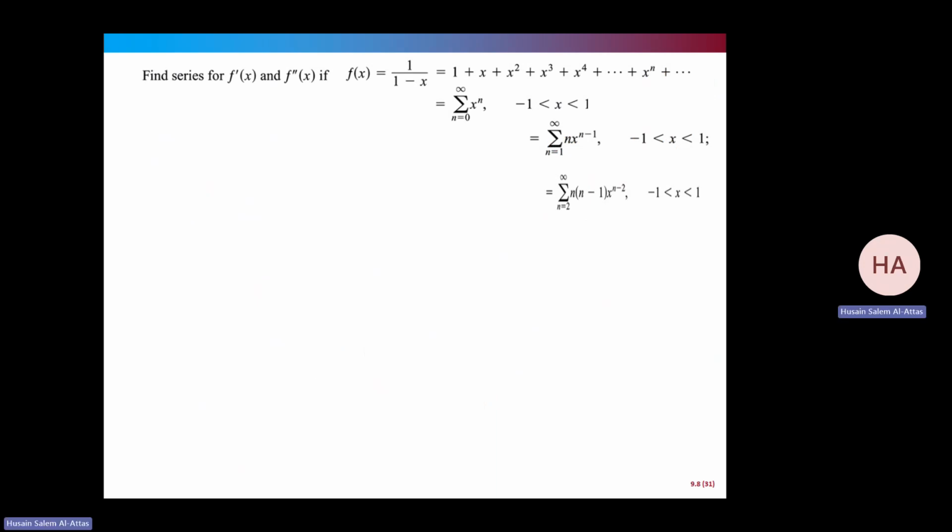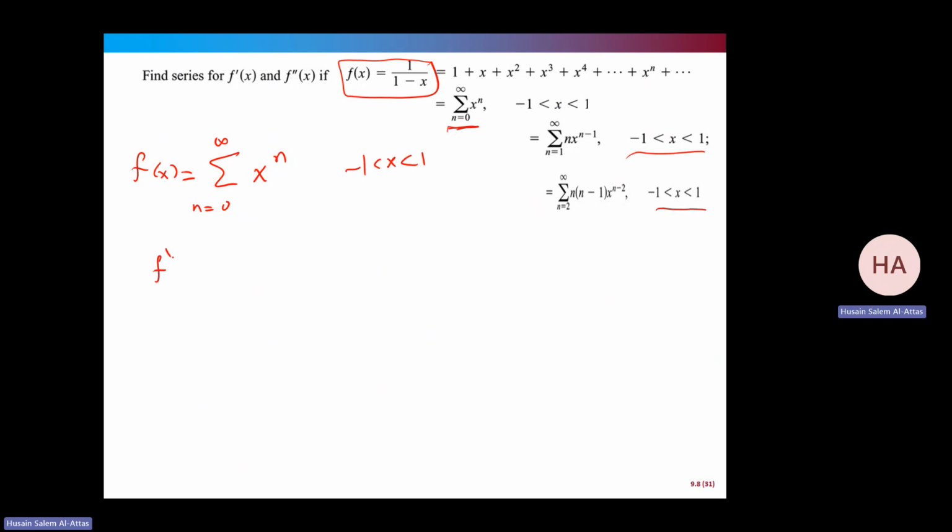As I said, for f prime, if you have this series, f of x, which is 1 over 1 minus x, that's what we will do in section 9.9. That will be summation x to the power n, where n equals 0 to infinity, and x between minus 1 and 1, because we'll do it as a ratio, as a geometric series. So the interval of convergence will not be changed.